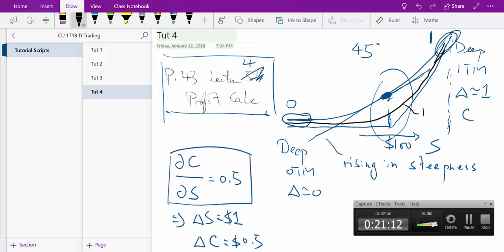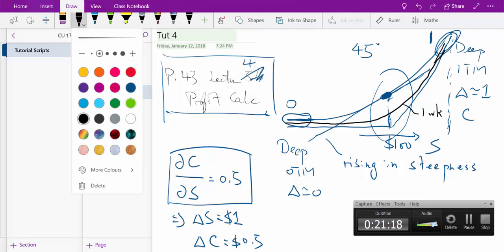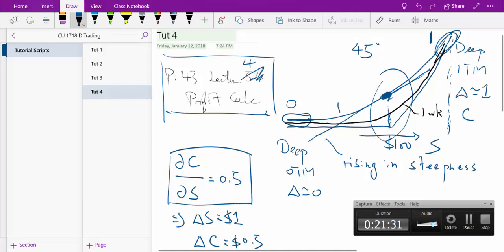So the black line might be like one week or something, okay? So the blue line can be, what color was I using? Not purple, dark blue. So this one might be 1 month.